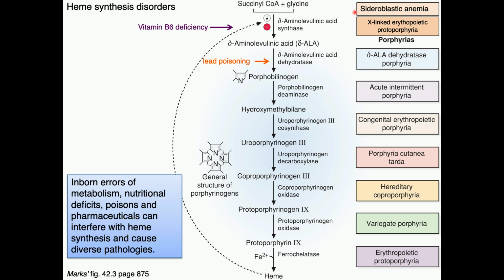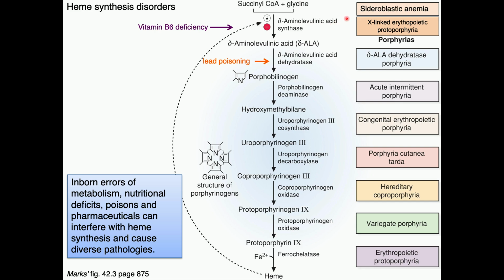So the basic pathologies of the porphyrias are going to result either from a buildup of aminolevulinic acid or from a buildup of the porphyrinogens or from both, okay? And if you don't have activity of the ALAS2, if you don't have aminolevulinic acid synthase, you're not going to produce aminolevulinic acid or the porphyrinogens, okay?